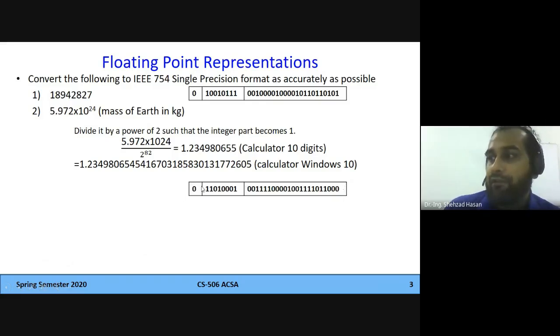So in order to find out what this number actually is, is this actually 5.972 into 10 to the power 24? So we need to do a reverse operation, right? So we can do a reverse operation as well. Again, it gets a little tedious to do that because you have to add the powers of 2, but you can do it.